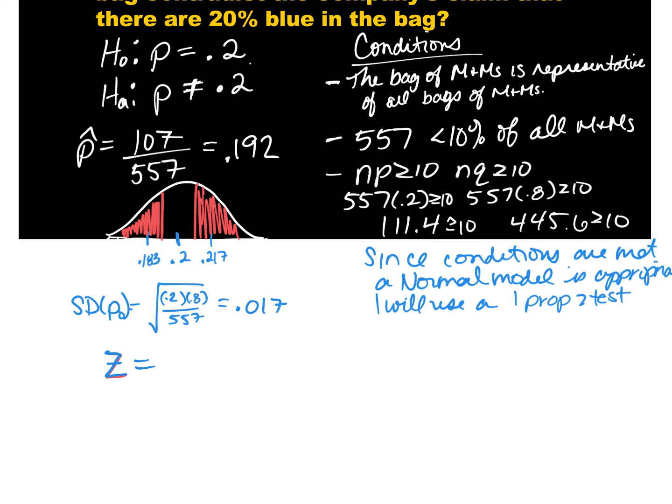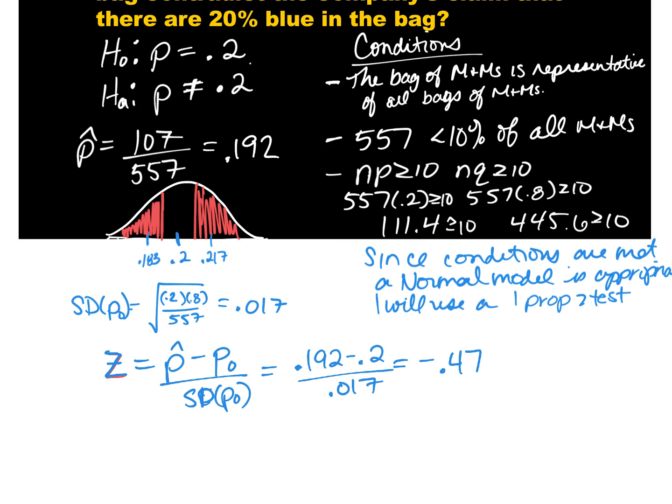Okay, so remember that my z-score is the p hat, my sample, minus my hypothesized value, divided by the standard deviation of the hypothesized proportion. 0.192 minus 0.2 over 0.017. Yes.